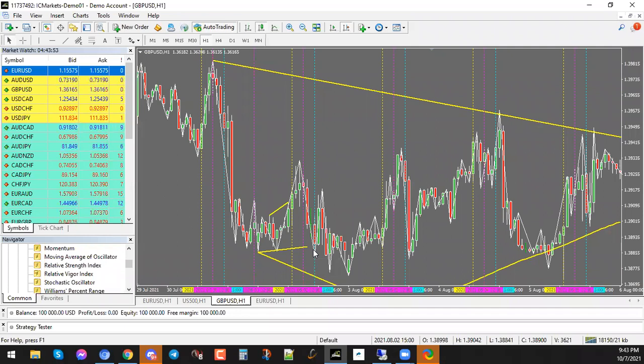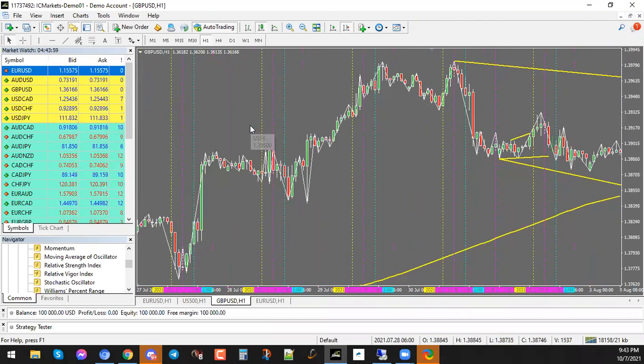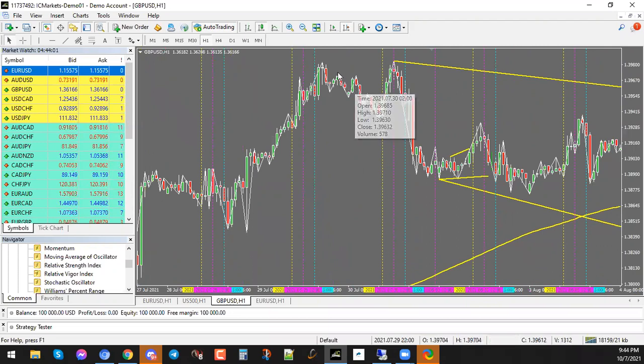Let's say this one. If you're going short somewhere around here and the price goes down, you should only trail your stop if the price makes a correction and then breaks down of that correction. Then you can move your stop from here to maybe break even or whatnot.